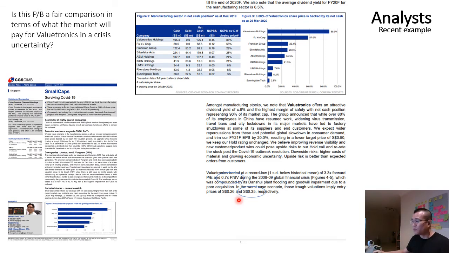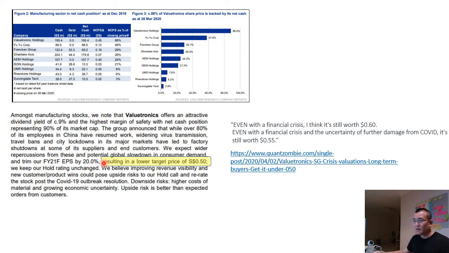And if you did that, you would get 35 cents. So this is an implication of the worst case, a very, very bad case scenario, and they use this as one of the justifications to put the target price at a lower level of 50.